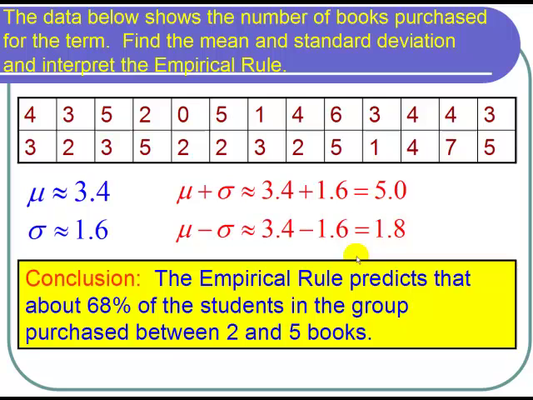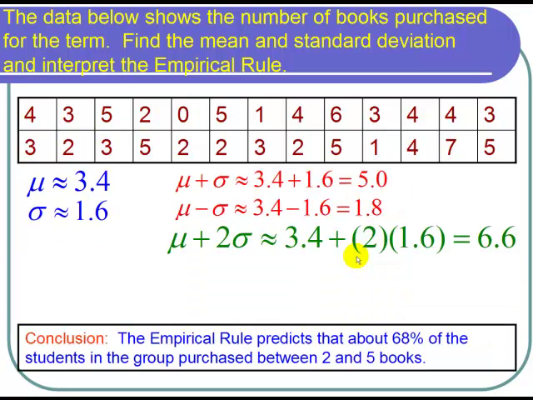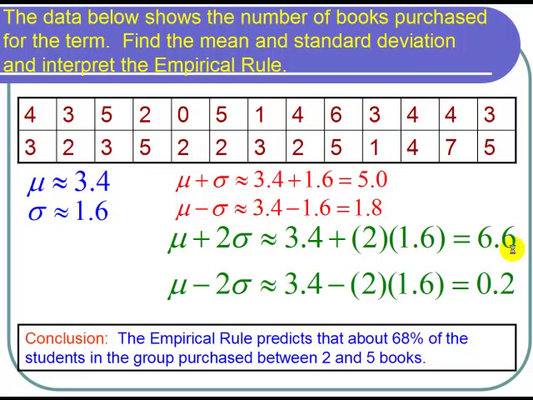So I'm going to add and subtract 2 standard deviations. If I take the mean and add 2 standard deviations, that's 3.4 plus 2 times 1.6. I put that in my calculator and I got 6.6. If I take the mean and subtract 2 standard deviations, then I get 3.4 minus 2 times 1.6, and that's equal to 0.2.